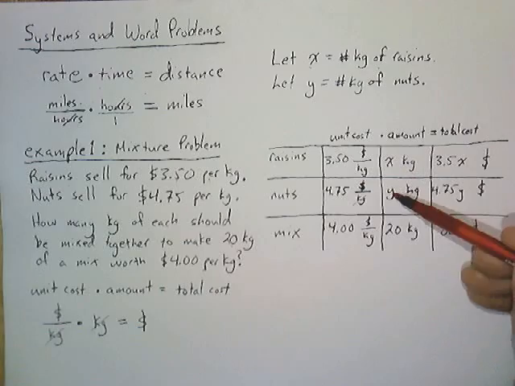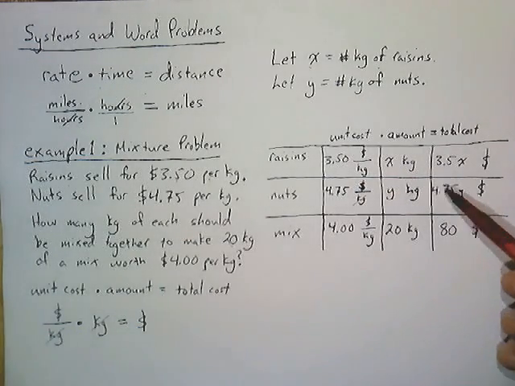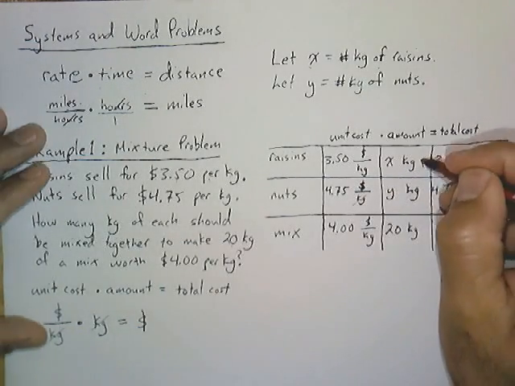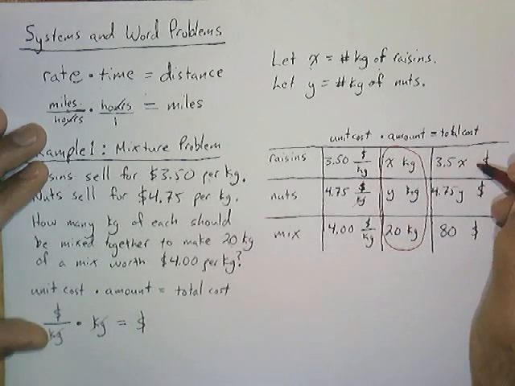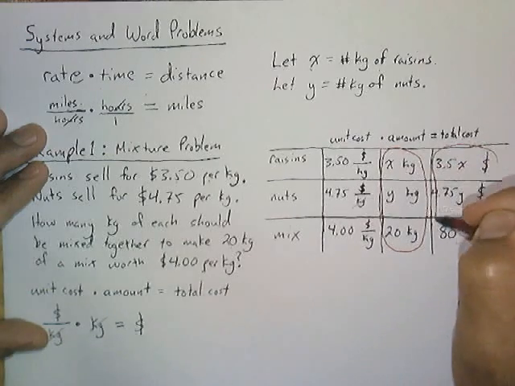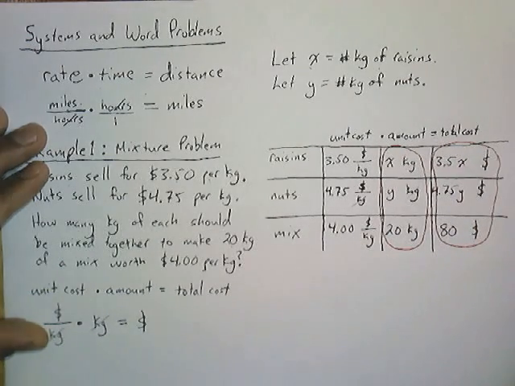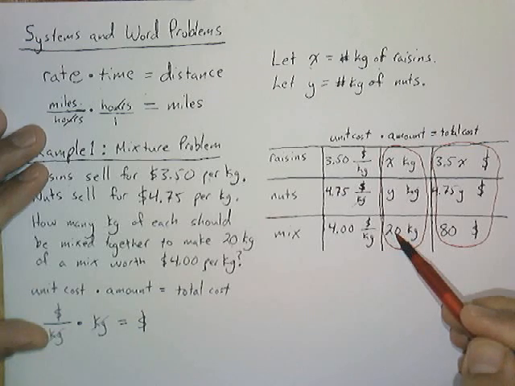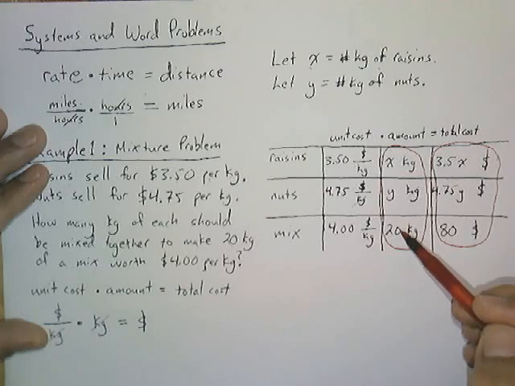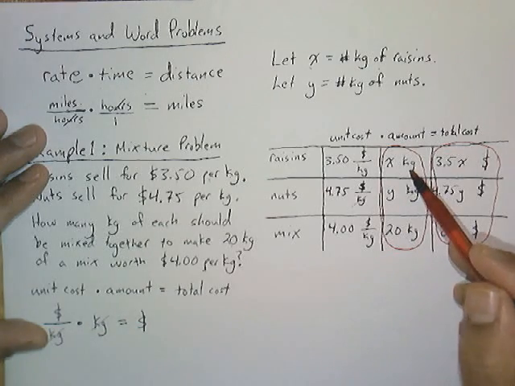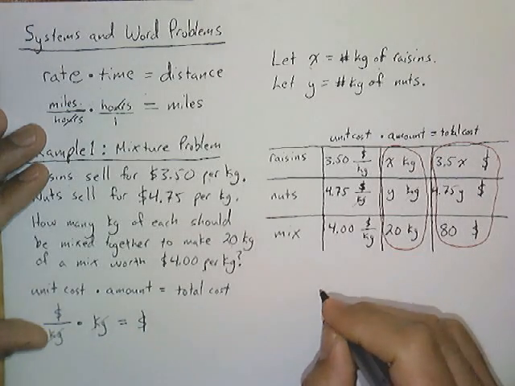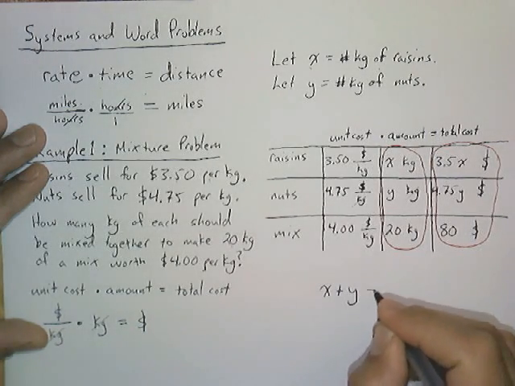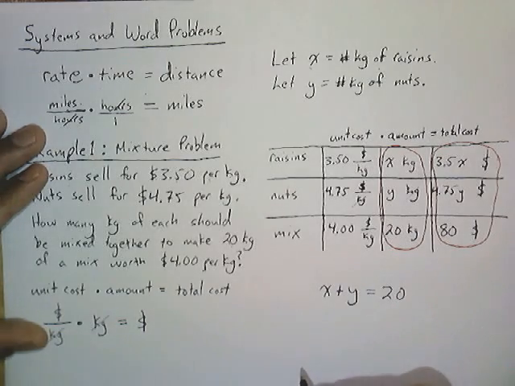And well, there we go. We're looking for X and Y. But this is kind of nice because these two columns here really are going to provide us with a system of equations. Because in this column right here, we know we want to have 20 kilograms total. Well, that total 20 kilograms is going to come from these X kilograms of raisins and these Y kilograms of nuts. So our first equation for our system is going to be X plus Y is equal to 20.